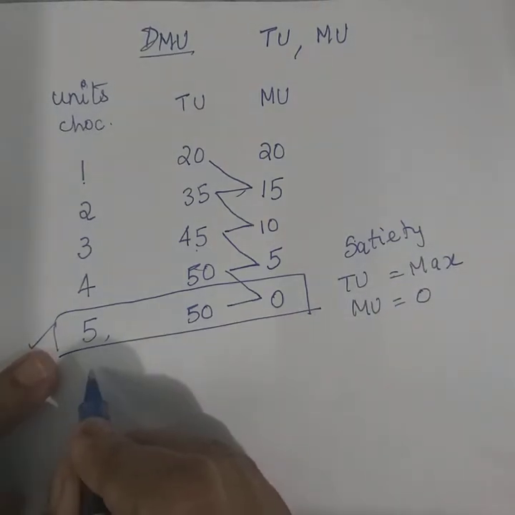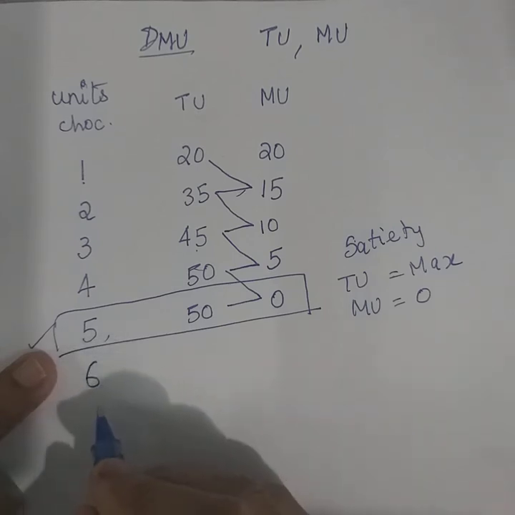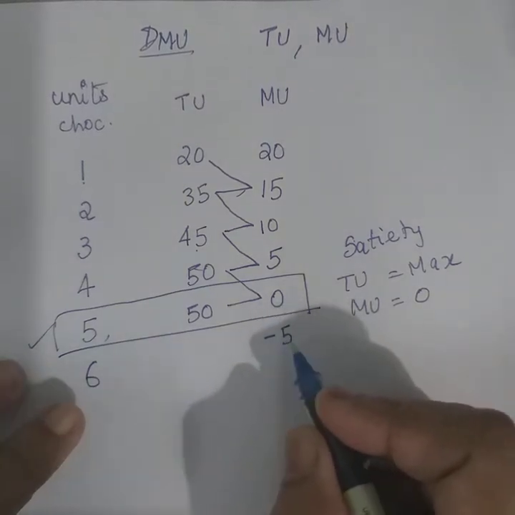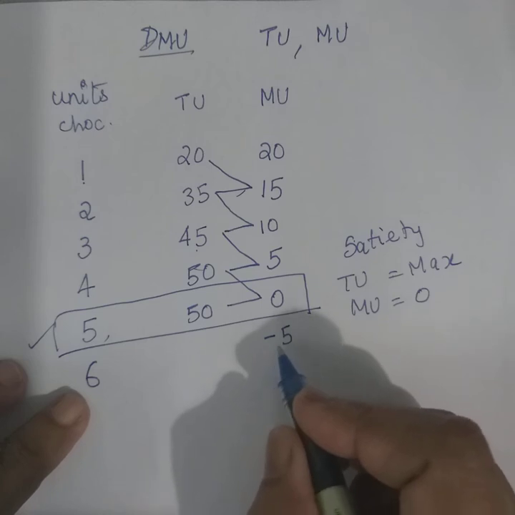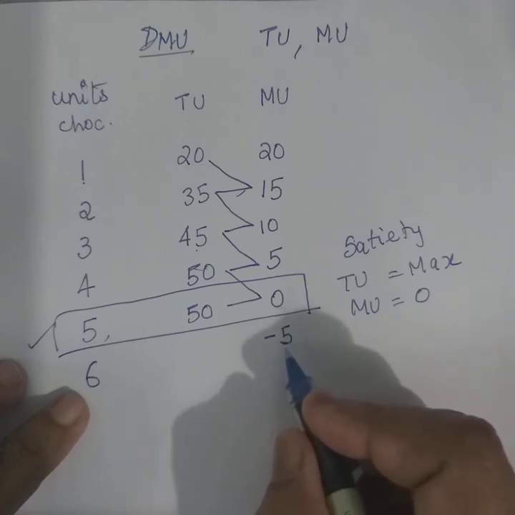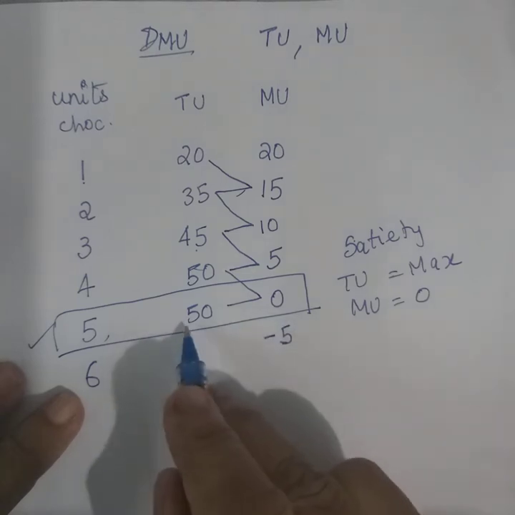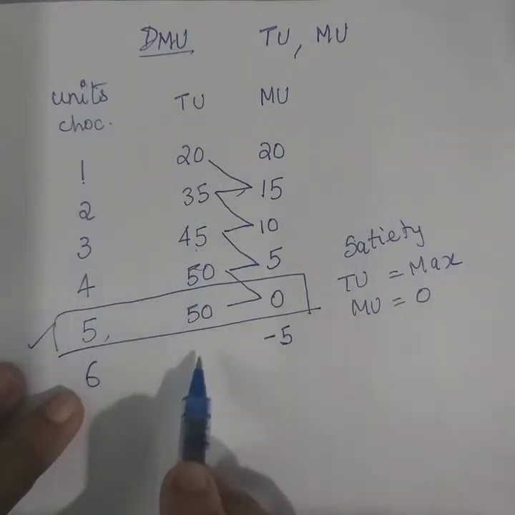If he continues to consume, let's say one more unit he tries, probably he's too full and ends up with a disutility. The 6th unit might actually cause him discomfort, displeasure or dissatisfaction. This is when the total utility is going to fall.